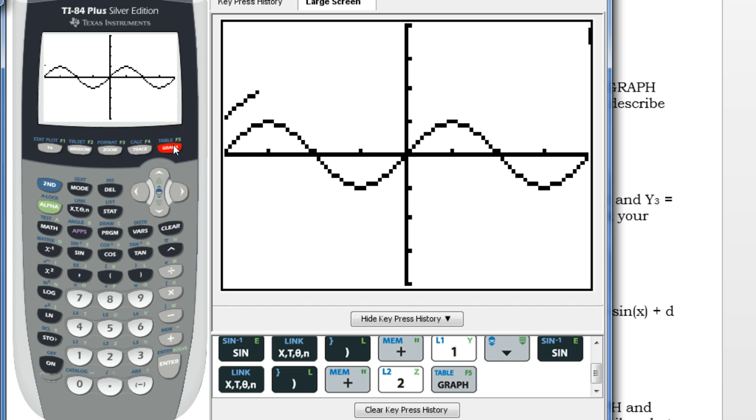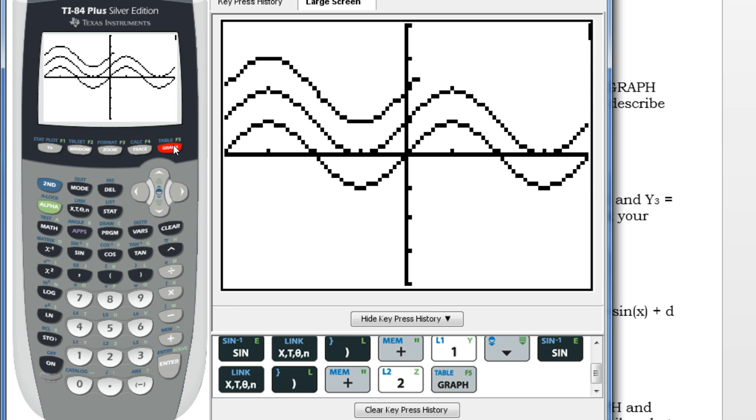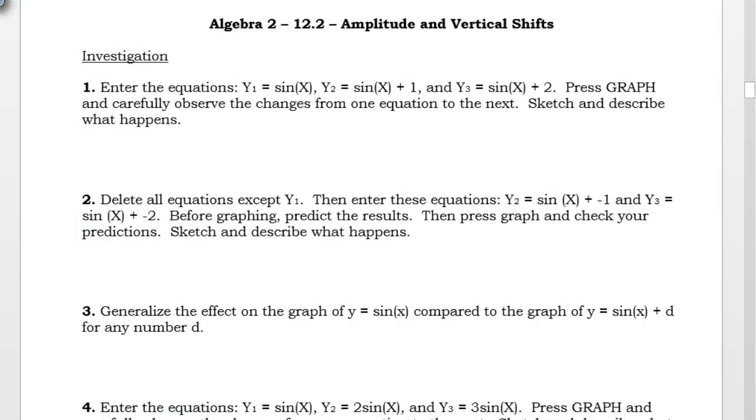So I have my basic graph again, and my sine x plus 1 is actually 1 unit higher. My sine x plus 2 is 2 units higher than the original. So I can add 2, 3, 4, 5. Whatever I add to my sine function makes that whole graph go up. I have my traditional sine.